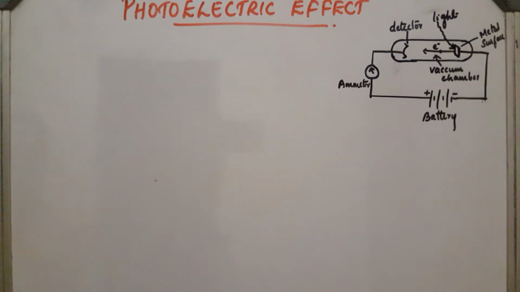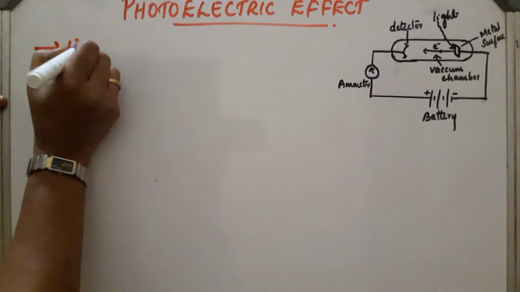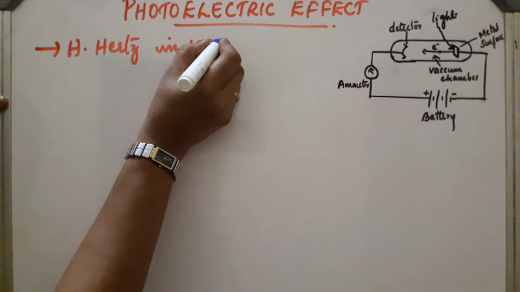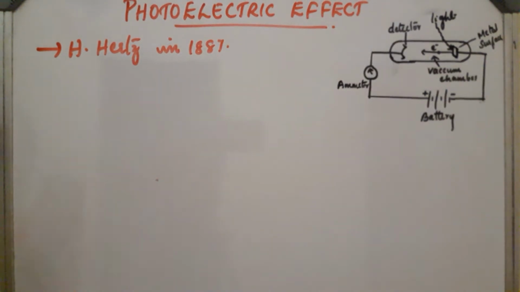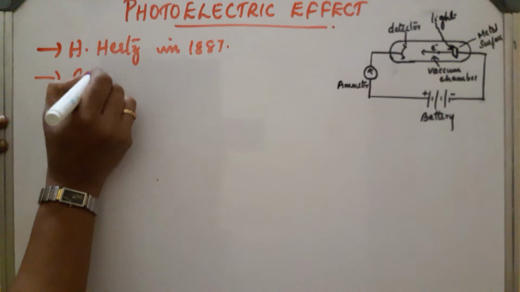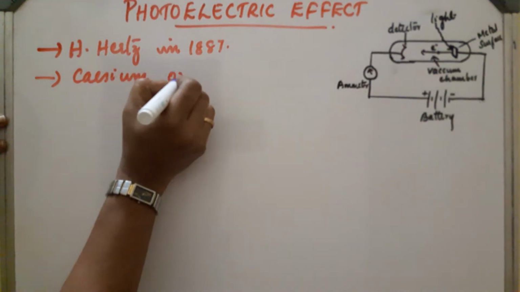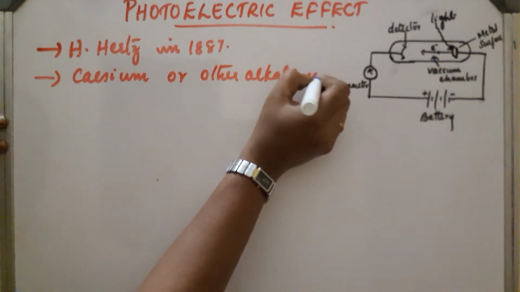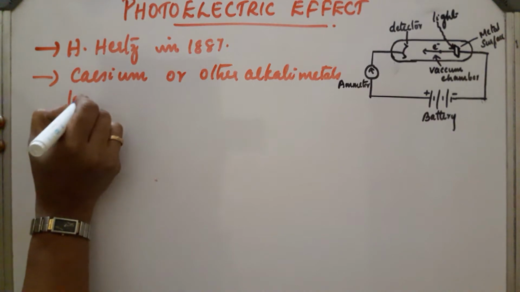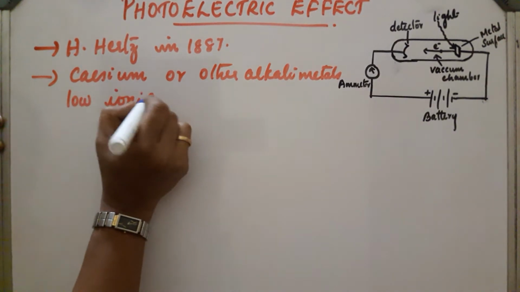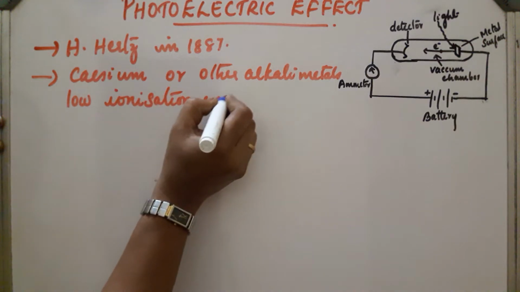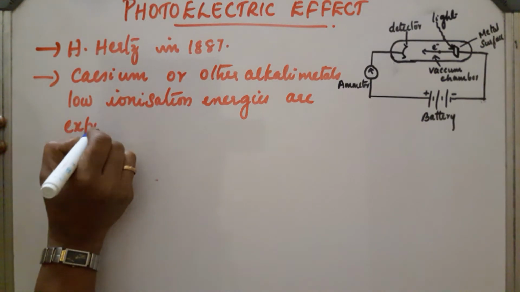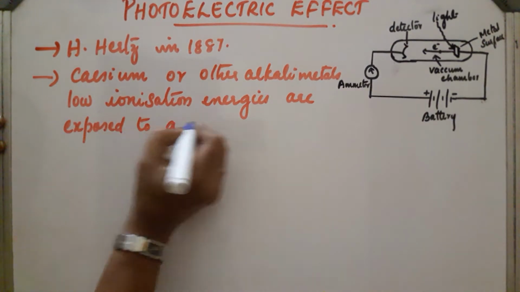Photoelectric effect, which was detected by H. Hertz in 1887. In his experiment, he used metals like cesium or other alkali metals, which have low ionization energies, exposed to a beam of light.